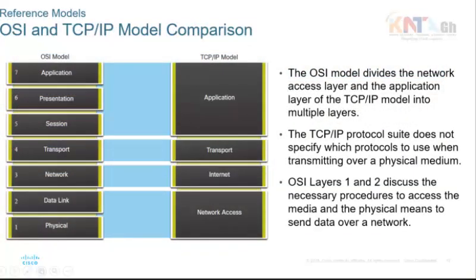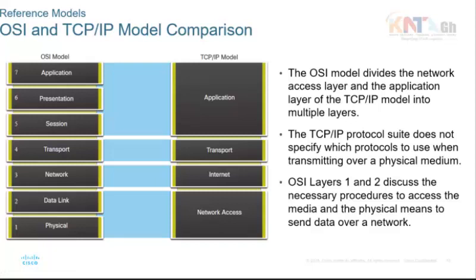So as you can see here, it's better compared here, the OSI reference model and then the TCP/IP model. Now the OSI model divides the network access layer and the application layer of the TCP/IP model into multiple layers, like I explained earlier.